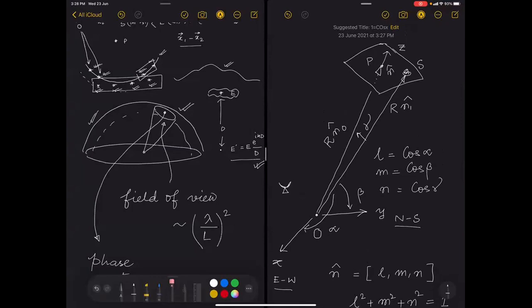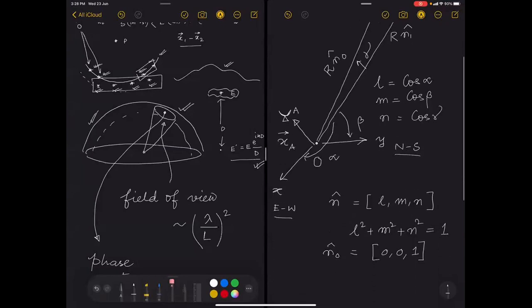Okay, so I can put a vector to the antenna, and we'll call these vectors vector x's. If this antenna is the antenna A, we'll call this xa. And now xa can have components along x, y, and z.